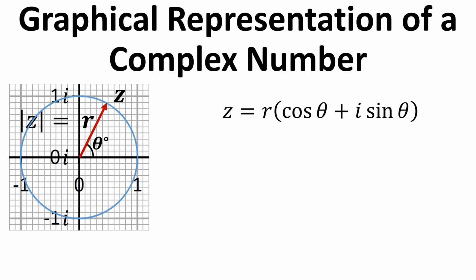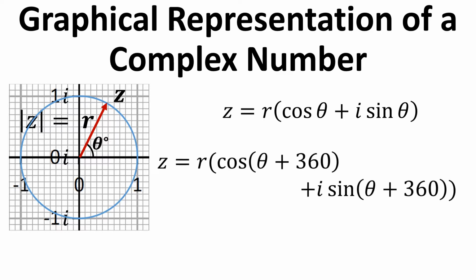Okay, now this arrow that's representing z can also spin 360 degrees and then still be in the right position with the right magnitude. So we can also write z equals r cos theta plus 360 plus i sin theta plus 360.